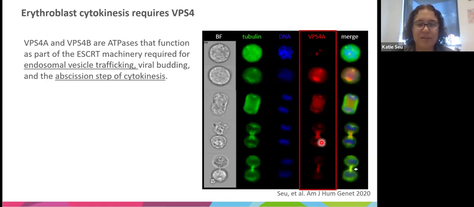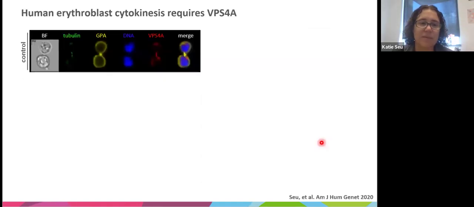We repeated these analyses using iPSCs from normal healthy donors and our patients. Again, these are very challenging experiments to do, since the erythroblasts are on a one-way street to differentiation, and they don't really handle synchronization well.